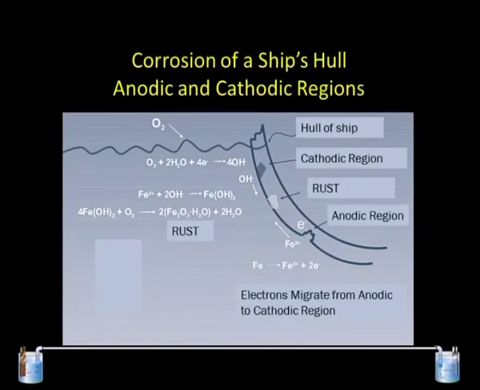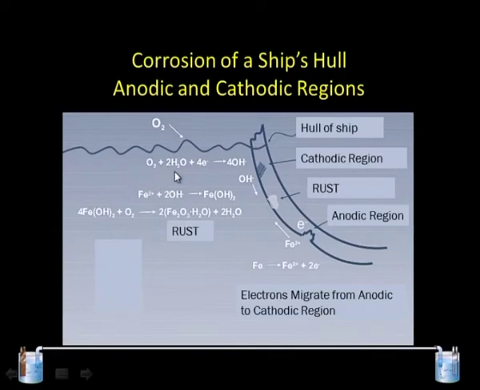Let us consider a ship's hull where corrosion is a very big problem. Here we can see, say this is water, and above the surface of the water oxygen is available. This is the hull of the ship. Now this hull starts acting as anode as well as cathode. The reactions are the same.